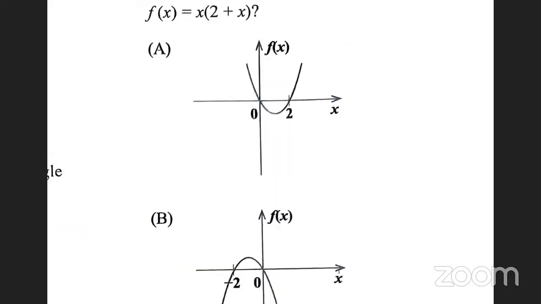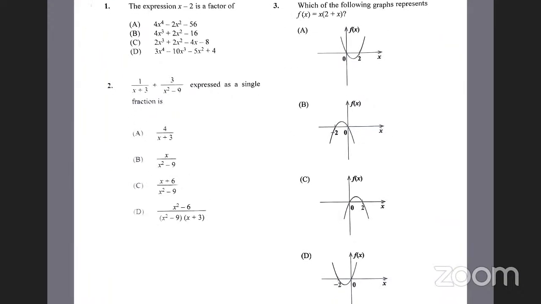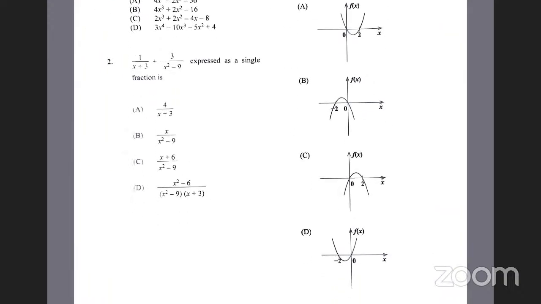Check and see which one looks like it. Figure out what type of quadratic it is and where it cuts the x-axis and you'll get the answer. So you've got to figure out if it's a max or a min.